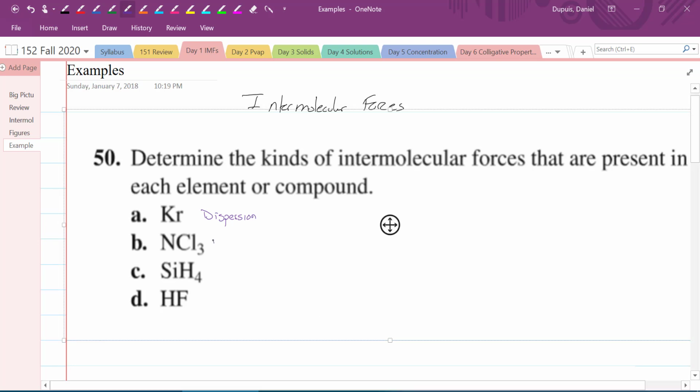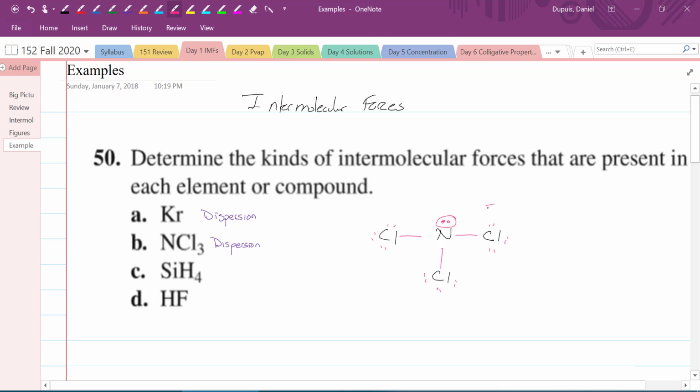NCl3, it's going to have dispersion, because it's a molecule. Now, is NCl3 polar? Well, I don't know. You might still need to draw it out. NCl3, how many electrons? 26, right? 2, 4, 6, 8, 10, 12, 14, 16, 18, 20, 22, 24, 26.